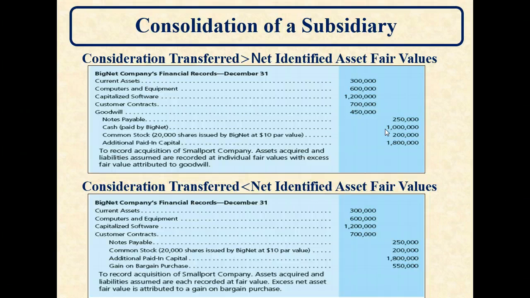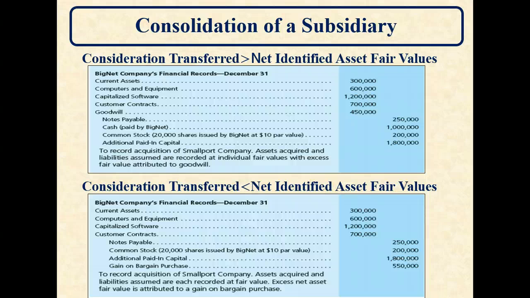So it's up $500,000 from what was previously shown. Then we're going to show the assets at fair value. We're going to show minus the notes, the liabilities we assumed, at fair value.